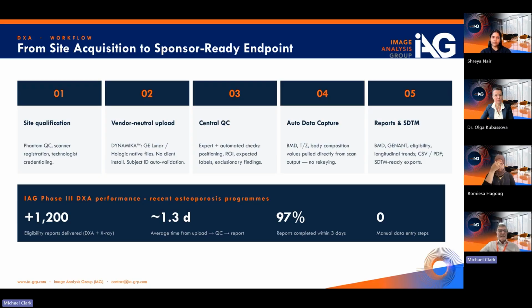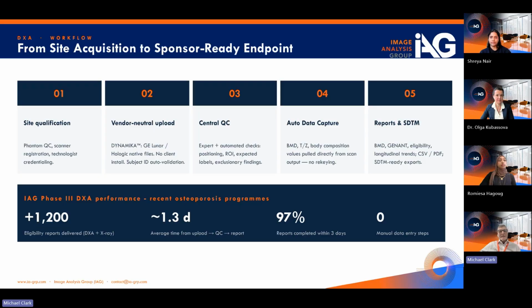The team are notified that the DXA image is ready, and they go in and do the QC, and then they do the analysis. In the QC, they're going to look for positioning. They're going to align the ROI and the segmentation based on years of training and documentation and SOPs at IAG. So everything is standard. All of the DXA analysts do it the same way through training and documentation.